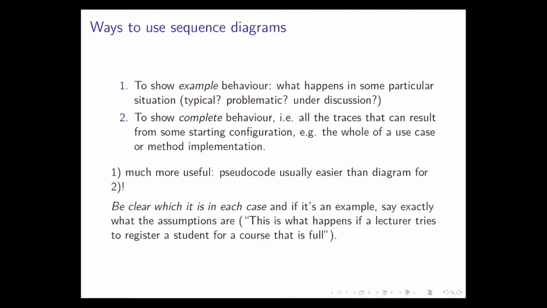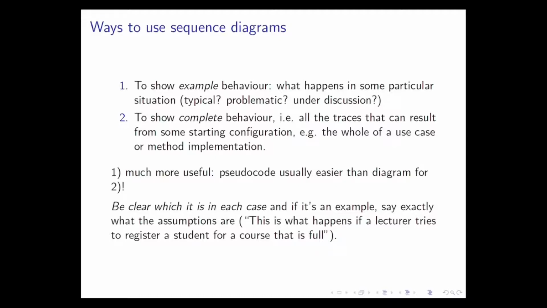There are fundamentally two different ways of using sequence diagrams. You can use it to show example behaviour, so you can use it to show what happens in some particular situation, and it might be a typical situation, it might be a situation that has proved to be problematic, it might just be a situation that for whatever reason you happen to be discussing at the moment. And in that case you're probably going to be very precise.